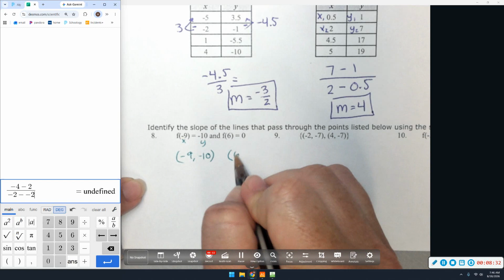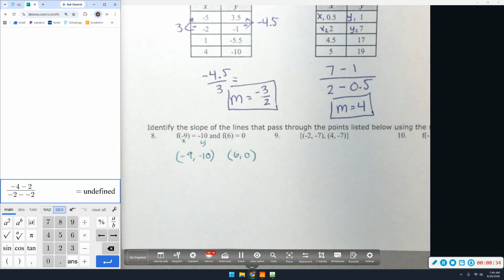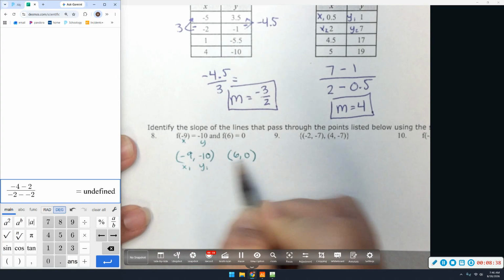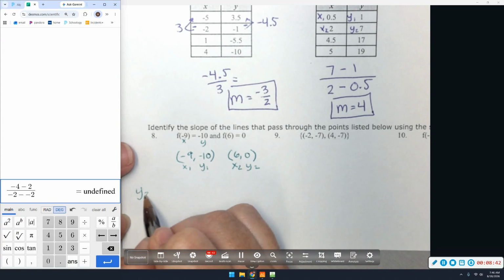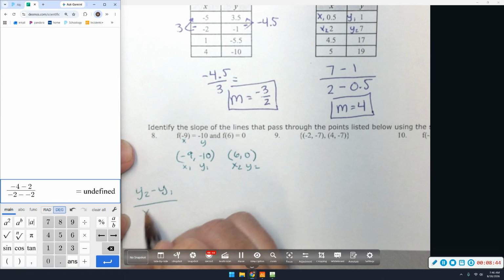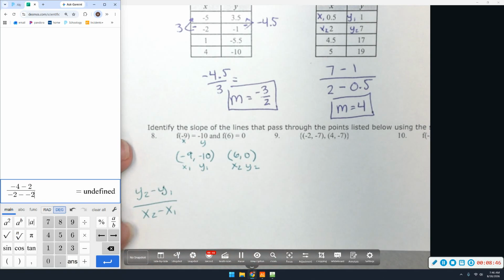6, 0. Now, do we have an x1, y1, x2, y2? Yeah. So x1, y1, x2, y2. And we're going to plug it in to here. So what's my y2? Y2, not x2, 0.